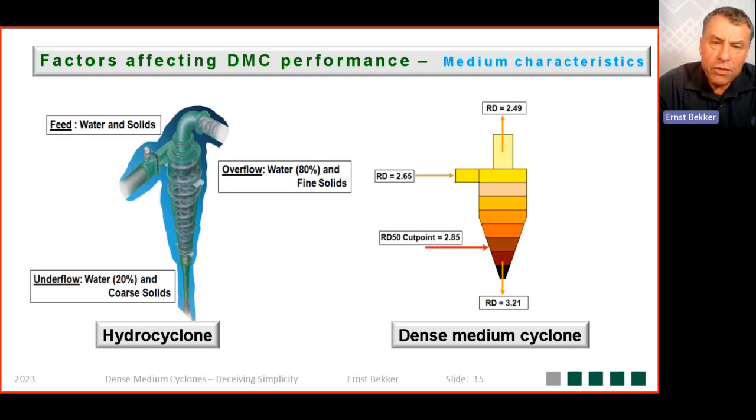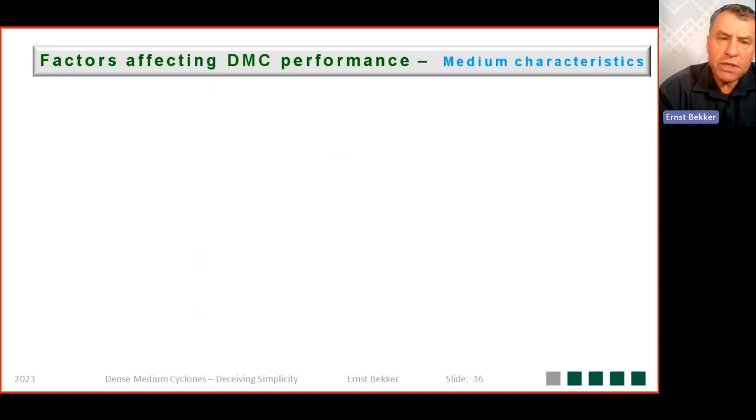About one third from the bottom of the cyclone is where the cut density is generated. The feed density is the operating density. In some cases, operational people think that is the cut density. It's not the case. It's slightly higher than the operating density. This formation of different densities between the overflow and underflow of a dense medium cyclone is very important for us as suppliers to determine the behavior or performance of the dense medium cyclone.